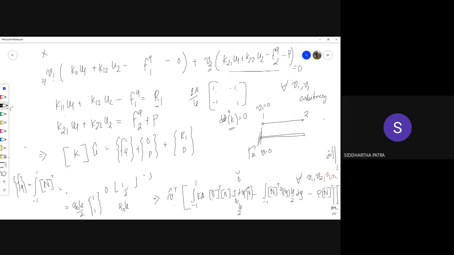Which means you can solve for U2 only when the value of U1 is given. But then you still have two equations. This one has two rows, right? 2 cross 2, 2 cross 1, 2 cross 1, 2 cross 1, and 2 cross 1. So the second row, of course, will let you solve for U2. But what does the first row let you solve? It lets you solve for R1.